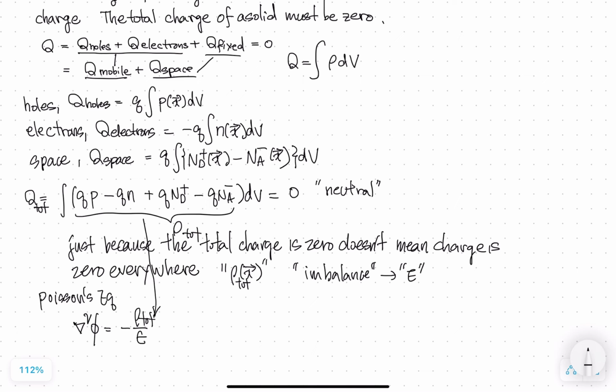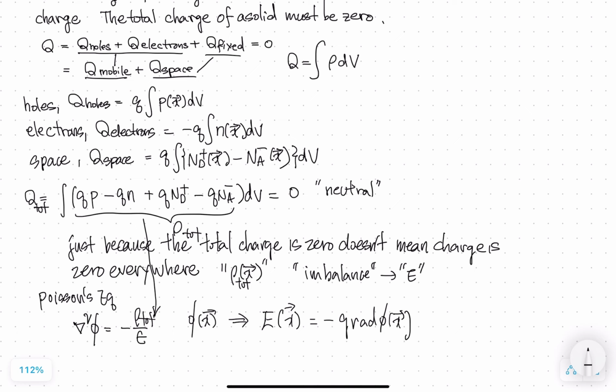And so if there's a region with more holes or fewer electrons or uneven doping, then rho of x becomes non-zero. That gives us potential phi of x, which we can use to calculate the electric field, E of x equals minus gradient of phi of x.